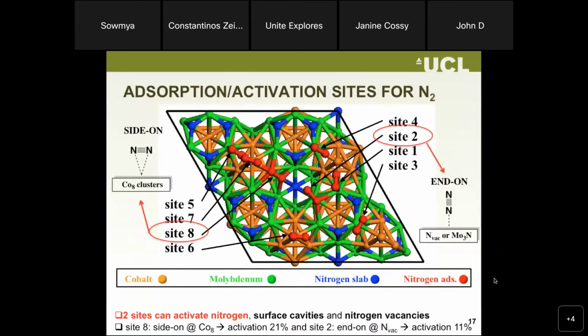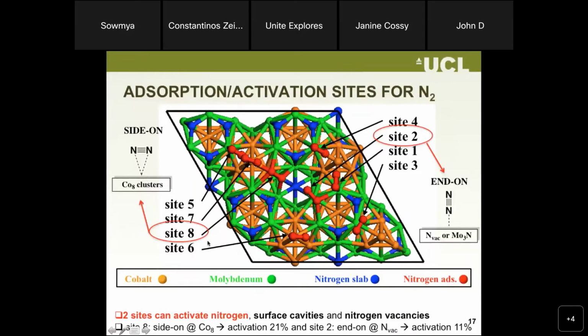At site 2, it would become activated in an end-on configuration, when it adsorbed onto a nitrogen vacancy of the molybdenum nitride framework. And at site 8, it would become activated in a side-on configuration, and that was a surface cavity.